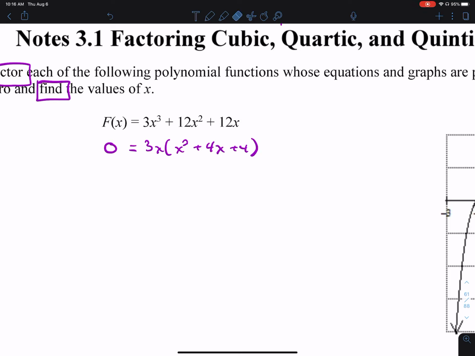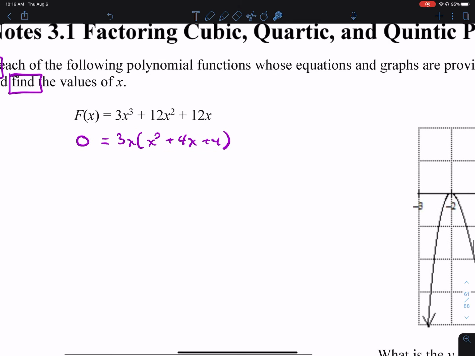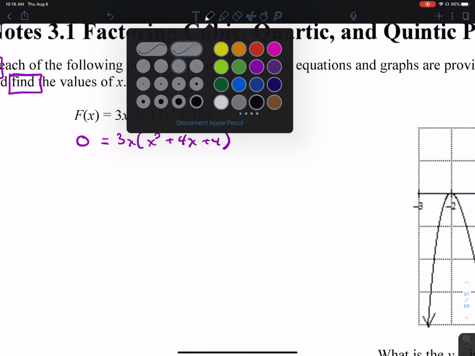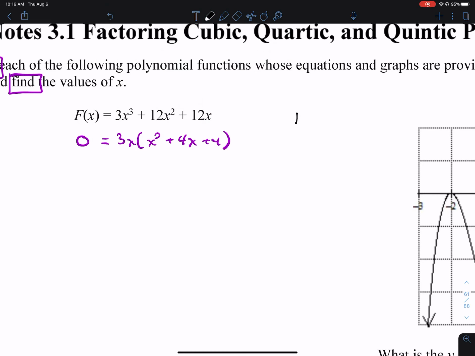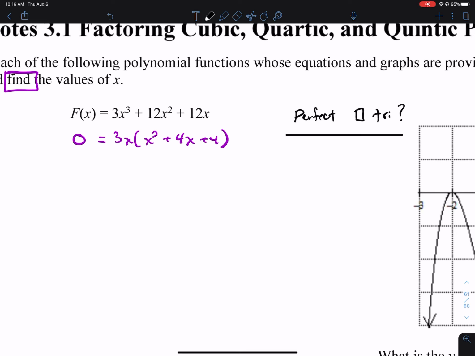Now, when you have a trinomial, which we have, there are 3 terms, you want to check to see if it's a perfect square trinomial. Is this a perfect square trinomial? Well, let's see.